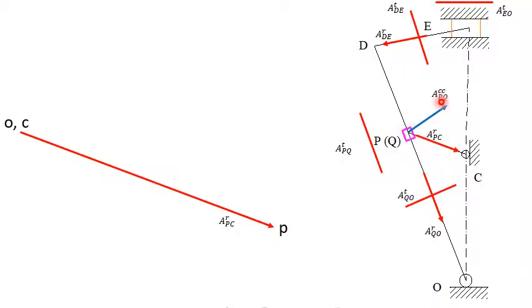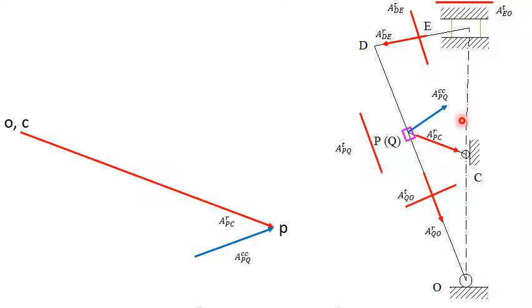Next, we have to locate this special acceleration, Coriolis acceleration. Out of this PQ, we know P. Therefore, from point P parallel to this, draw a line, and its length is 3.64 centimeter, because in the previous slide we have calculated the value of this Coriolis component.